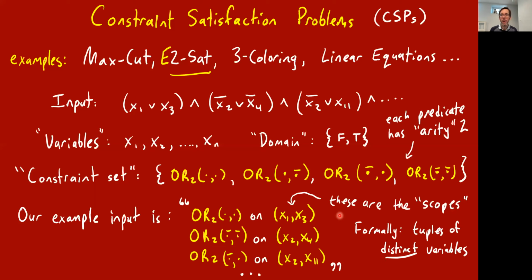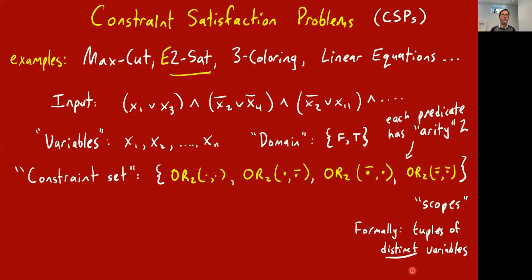And again, as a minor point, in the formal definition of CSPs, the scopes are required to involve distinct variables, which is why in E2-SAT you're only allowed to have ORs of 2 distinct literals. You can't do the trick of, if you want just the constraint x1, I'll do OR of x1 and x1, because I want the scopes to be distinct variables.